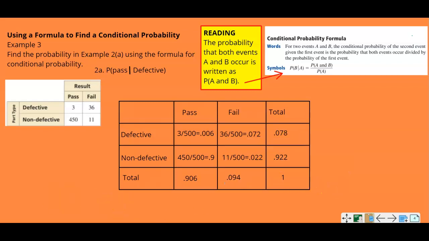All right, so in a previous lesson, we learned how to complete these tables, and now we can use the table with the formula.